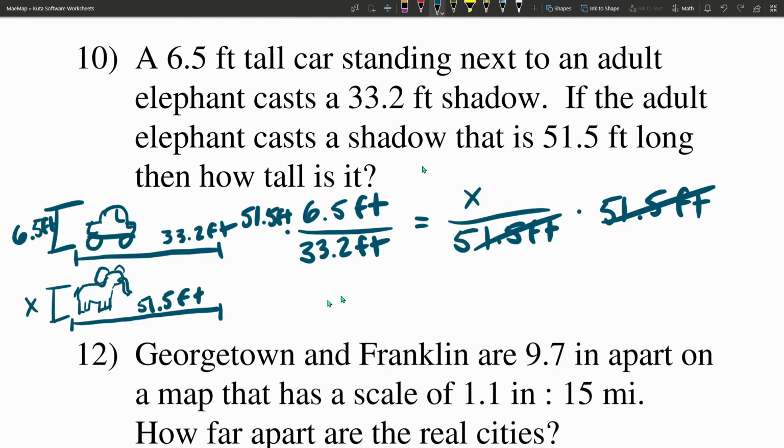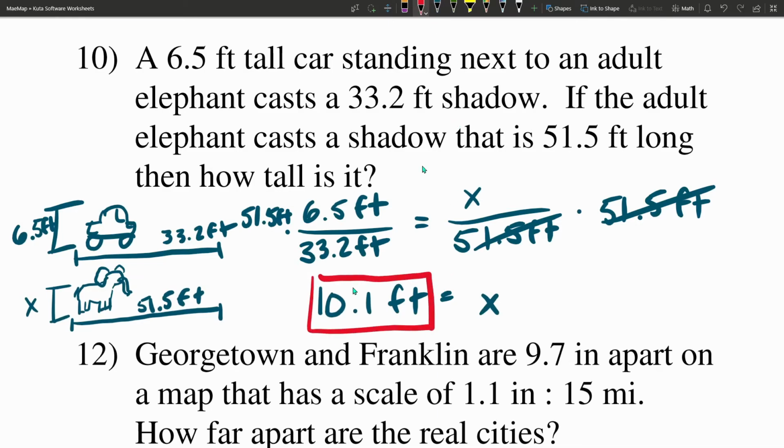But remember, this number, without any rounding, is 10.0828 and so on, we're rounding to the nearest 10th. So I'm rounding to this place here, and if I have an 8 next to it, this is going to get rounded up to a 1. So this is going to be 10.1 feet. So the elephant has a height of 10.1 feet.